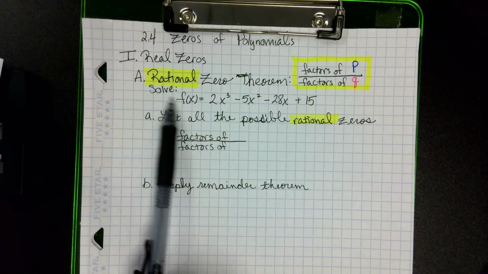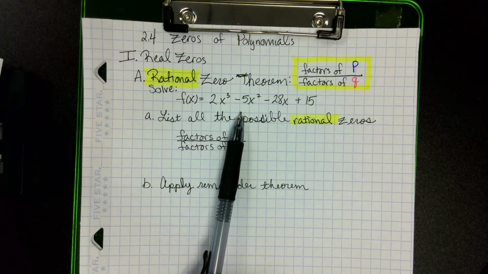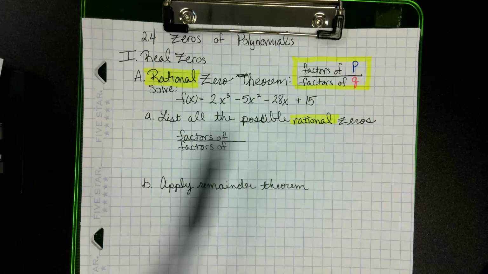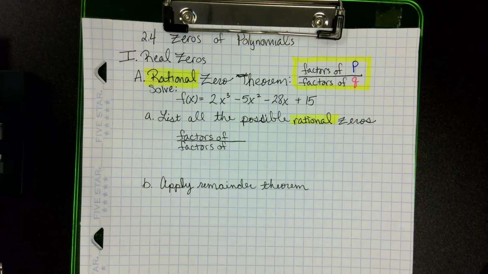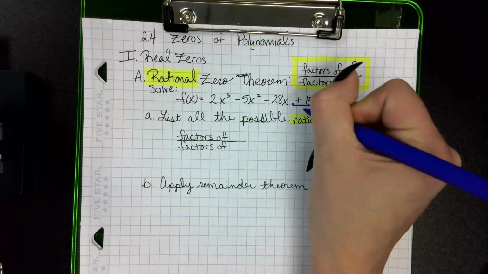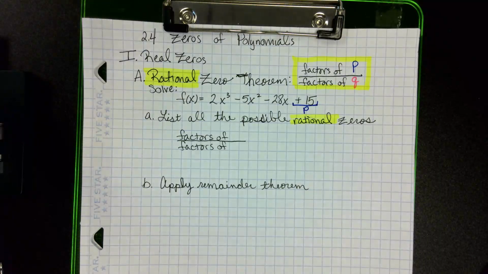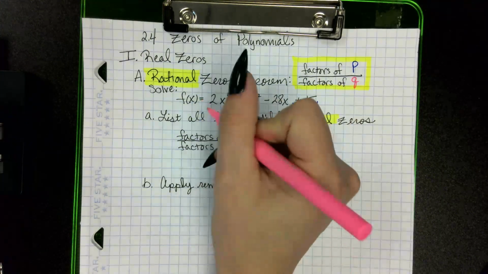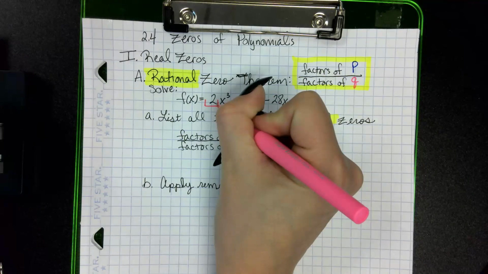So we're told to solve this polynomial function. We're given it here. So P is going to be the last value. So this positive 15, that is the P value. And Q is the first value, the lead coefficient.